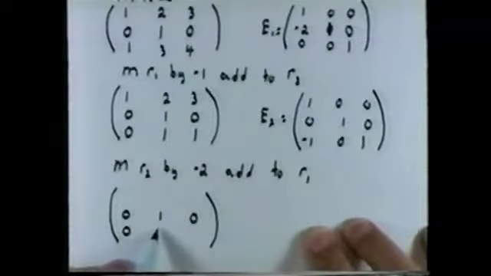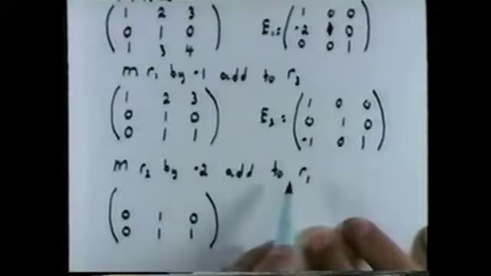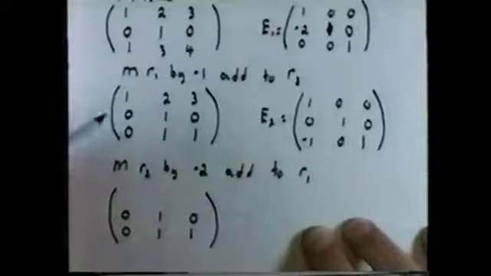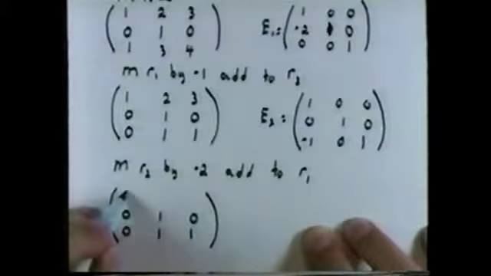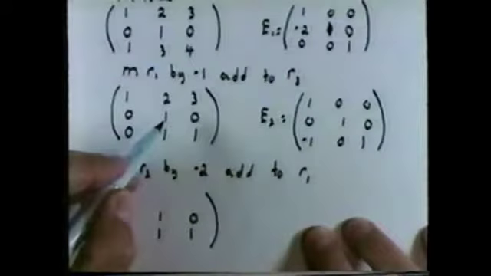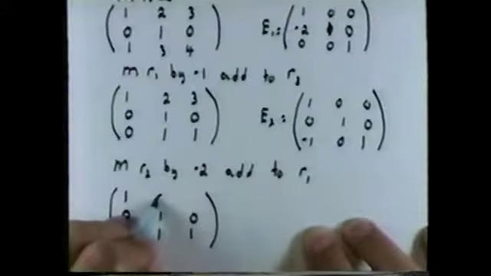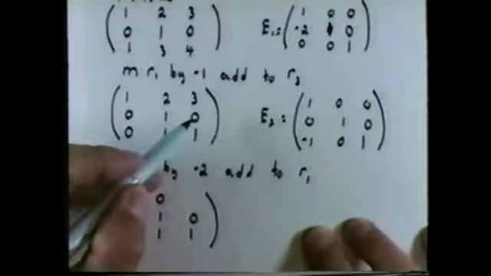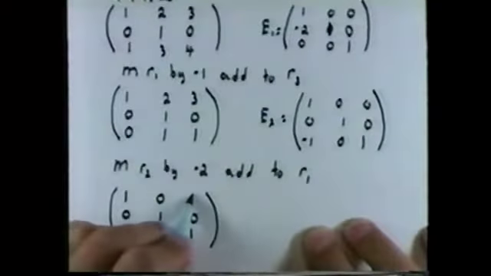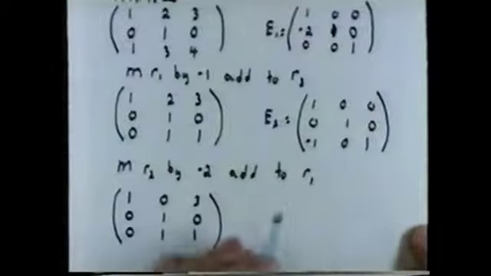I'm not doing anything to them in this step, but I'm multiplying row 2 by negative 2 and adding to row 1. Negative 2 times 0 is 0. 0 plus 1 is 1. Negative 2 times 1 is negative 2, plus 2 is 0. Negative 2 times 0 is 0. 0 plus 3 is 3.